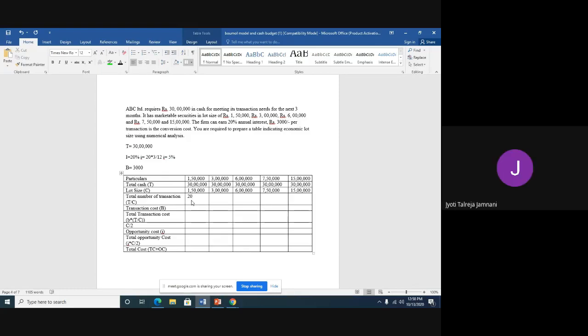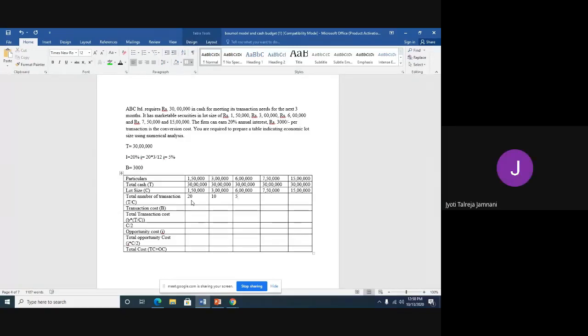Next, 30 lakh divided by 3 lakh, you get 10 transactions. 30 lakh divided by 6 lakh, somebody just check.